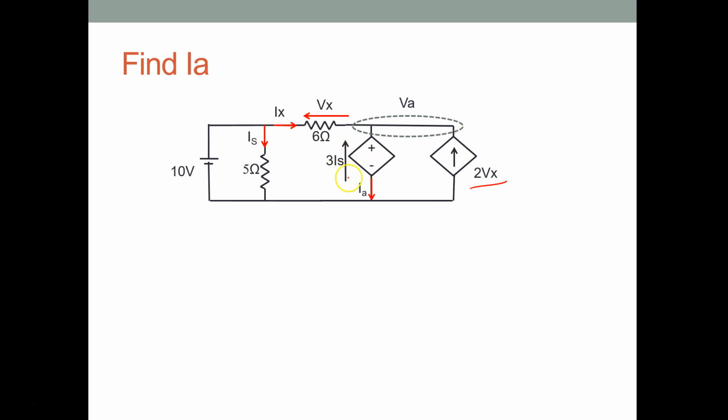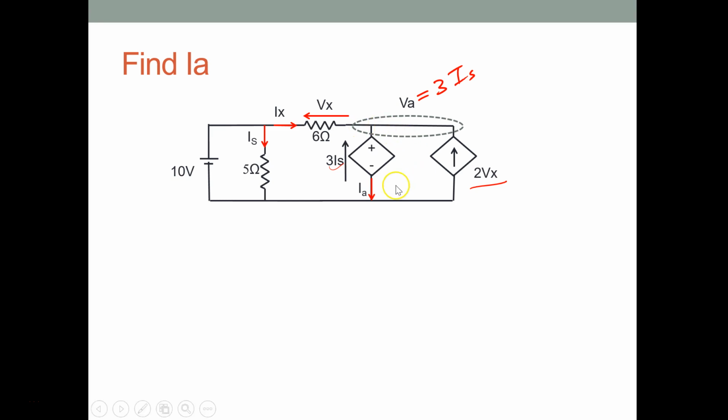And similarly, we have 3Is, but this is a dependent voltage source, which means that the value of voltage here is 3Is. So right away we could say that VA is equal to 3Is because this voltage source here tells us that.